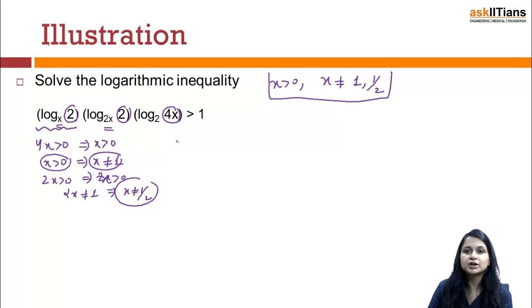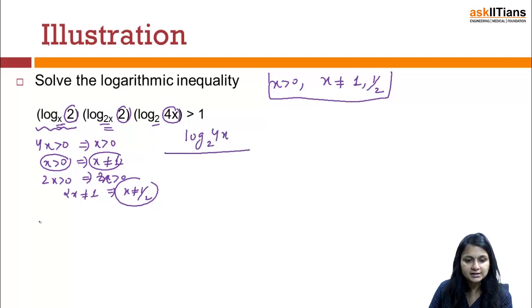Now let's try to solve it. You can see that here the base is x, base 2x, and here the base is 2. So I am going to make all of these bases the same. I can write log 4x to the base 2 as it is.